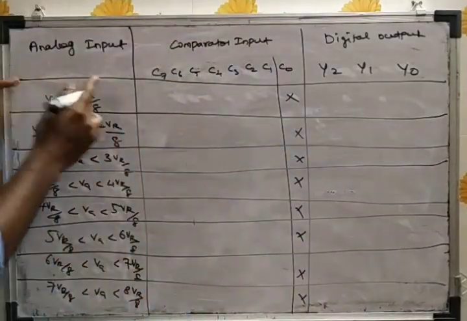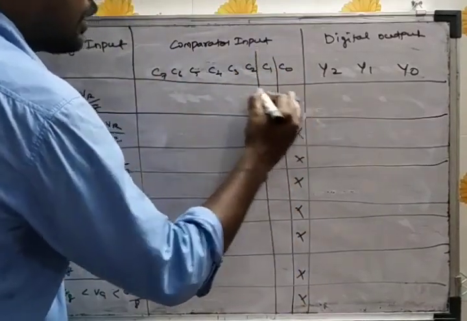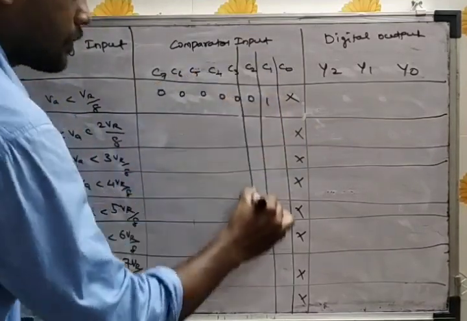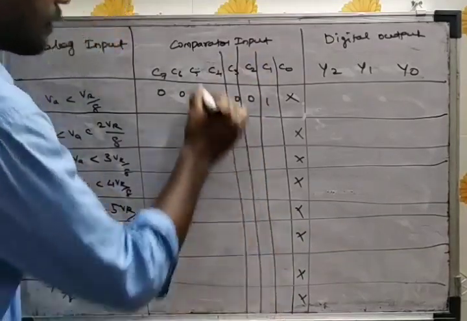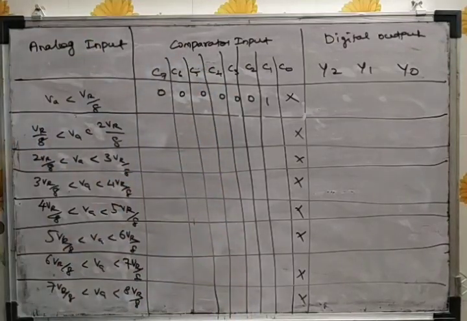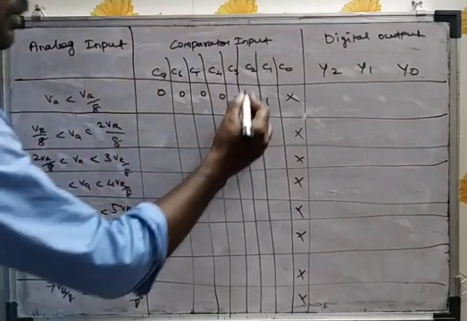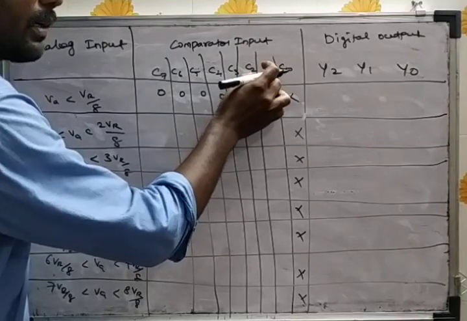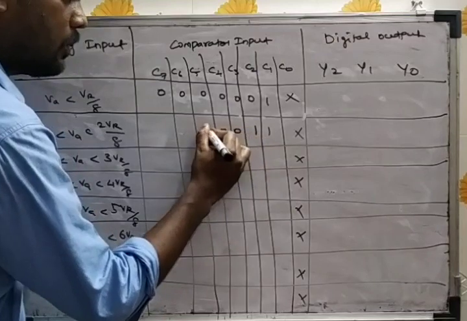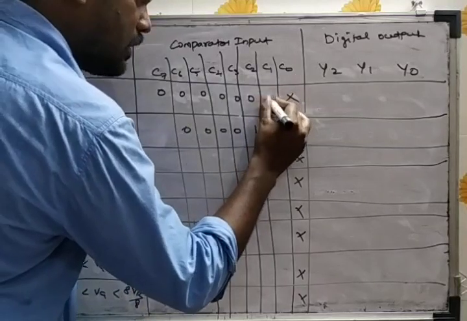If VA is less than VR by 8, all values are 0.